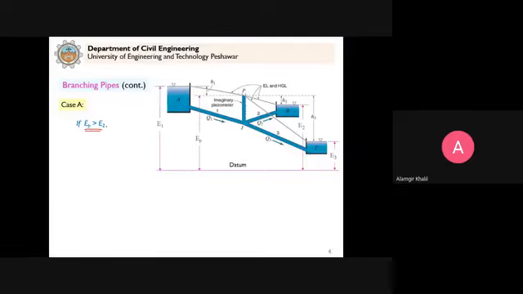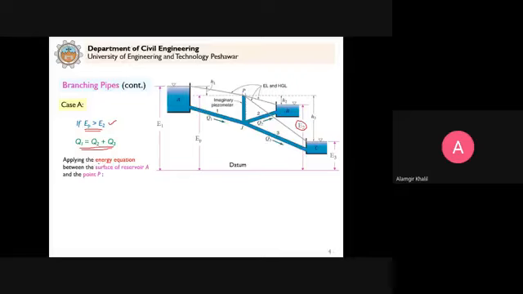So if we consider that EP is greater than E2, now this is A2. You can see here, this is A2. So in this case, Q1 will be equal to Q2 plus Q3. As we already discussed, if this is the situation, then Q1 will be equal to Q2 plus Q3.